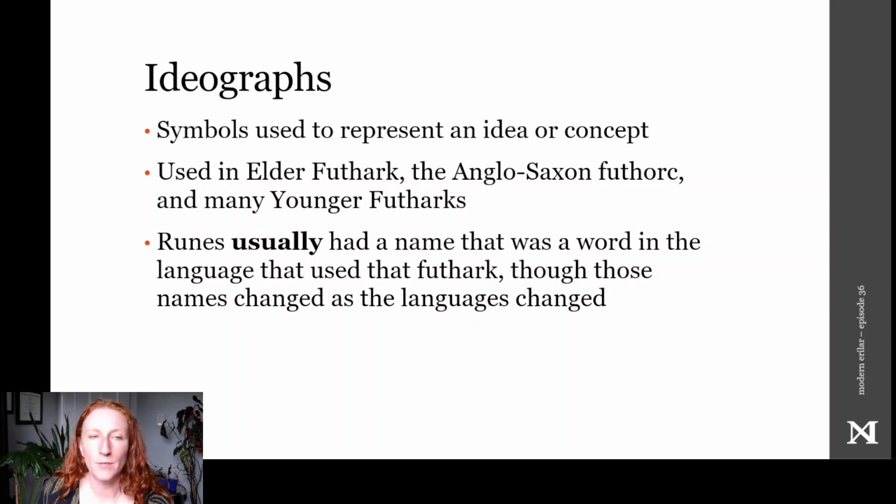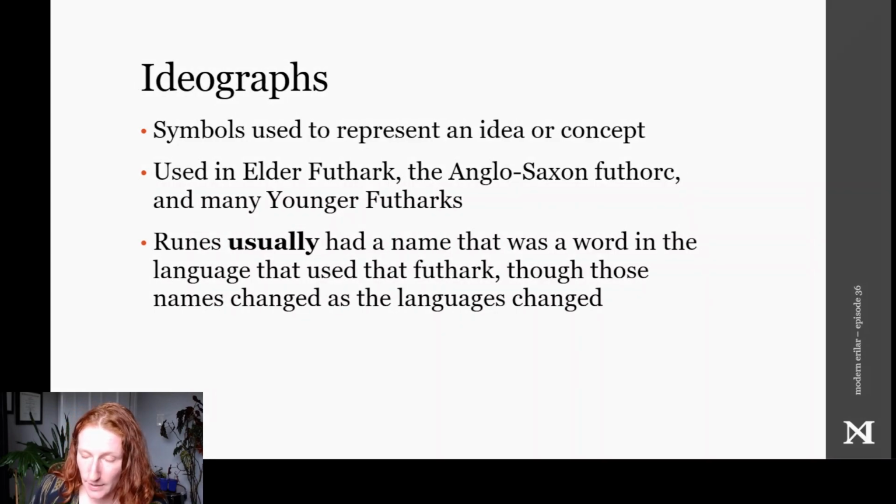We know that by the time of the Old Swedish rune poem, for example, the names of the runes Tors and Os were archaisms, anachronistic words with no cognate in the Old Swedish language of around 1600, when versions of the Old Swedish rune poem were recorded. So these names are probably survivals from the older Nordic words that these rune names are based on. Rune names did change over time to suit the languages that used Futharks, as those languages themselves shifted and changed.